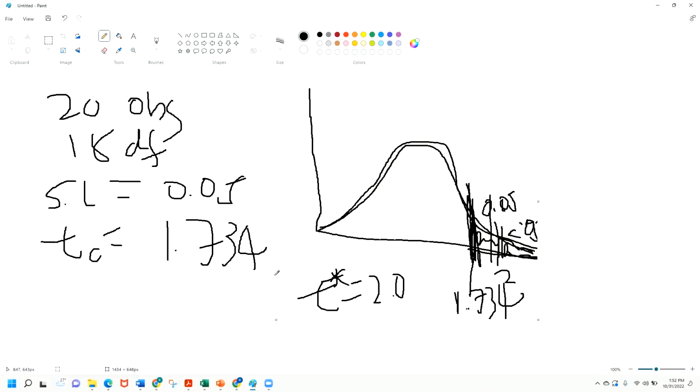In hypothesis testing, if you have a T that is greater than 1.734, given these facts about your experiment, you know that it's rare to get a higher T. It's very low probability.